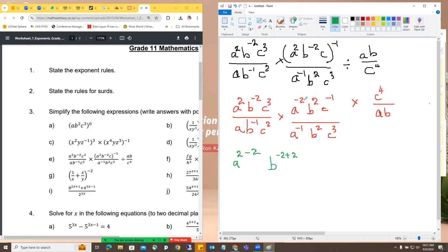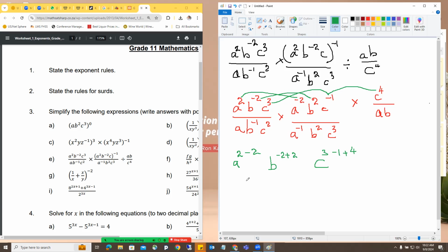Then I added all these three powers: c to the power of 3 minus 1 plus 4.